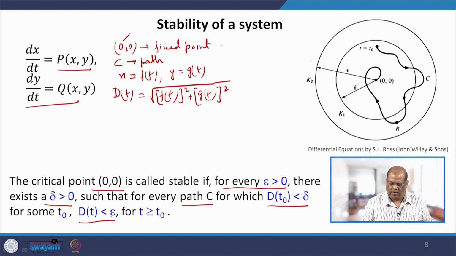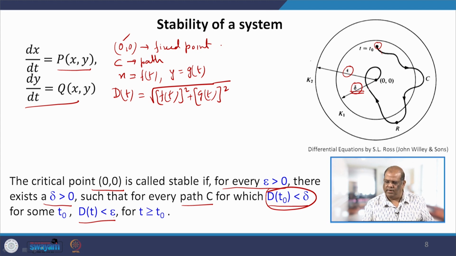So, what it says is that there are two circles, one is this one, d(t0) less than delta, so circle of radius delta, and d(t) which is less than epsilon, so which is circle of radius epsilon. You start from t equal to t0, some point which lies inside the circle of radius delta, and then this is the path.